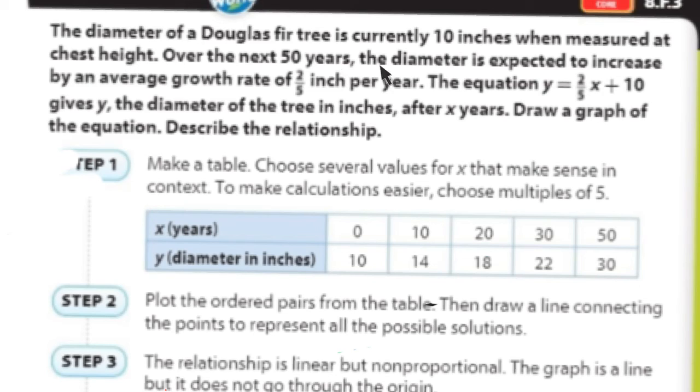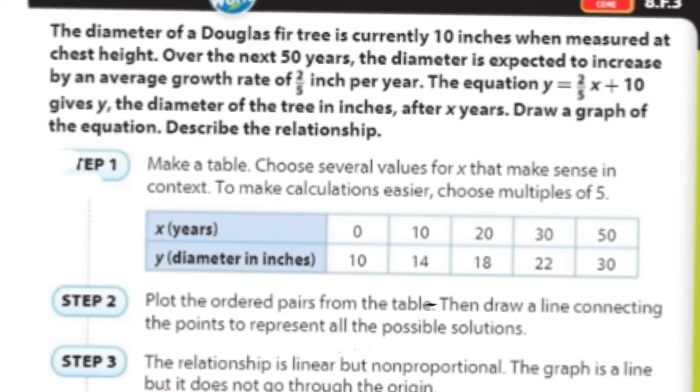Over the next 50 years, the diameter is expected to increase by an average growth rate of 2/5 inch per year. The equation y equals 2/5 x plus 10 gives y, the diameter of the tree in inches after x years. Draw a graph of the equation.